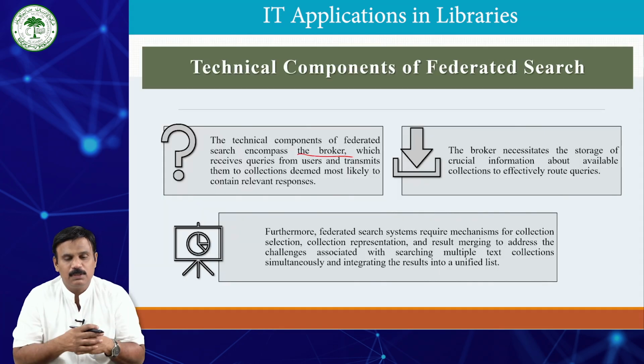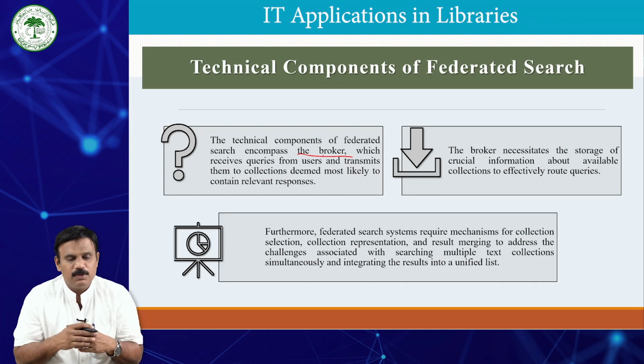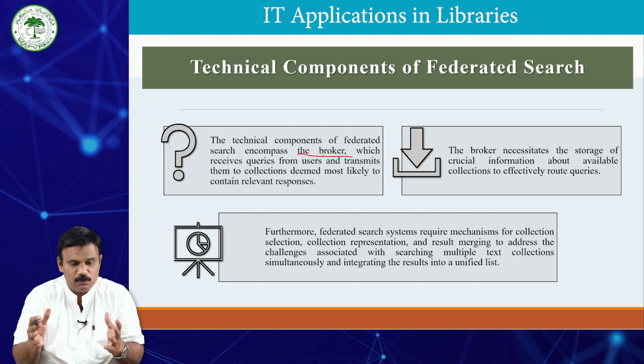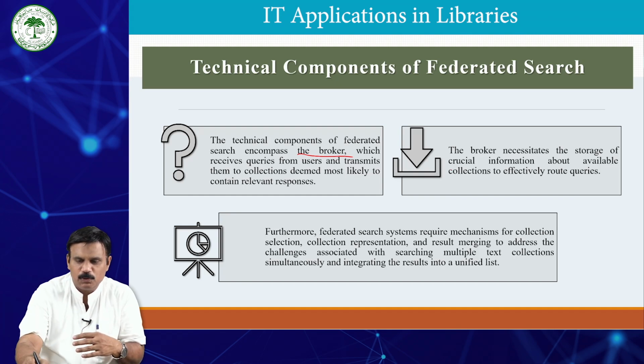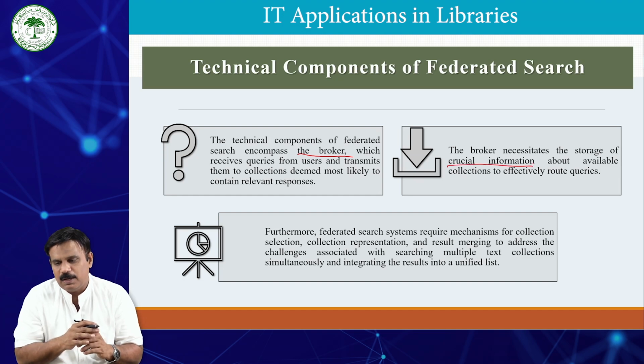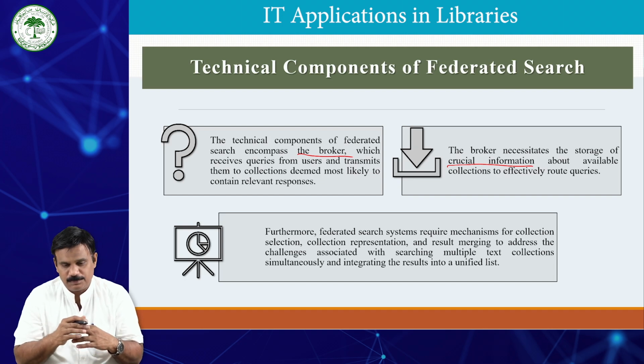If you think about the technical components of federated search, you will find a broker which receives queries from the users and transmits them to the collections. The broker necessitates the storage of crucial information about available collections to effectively route queries.